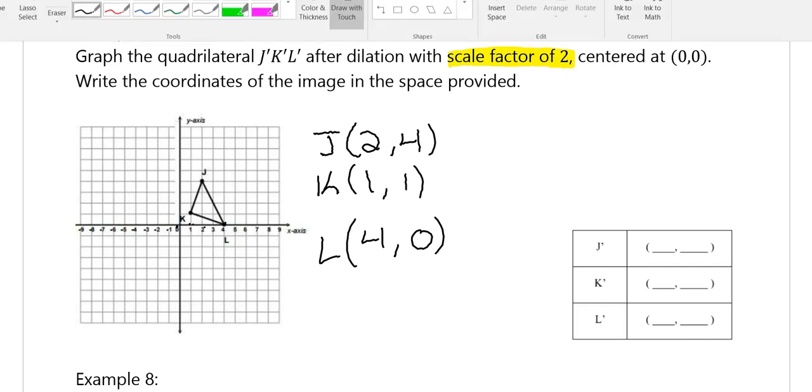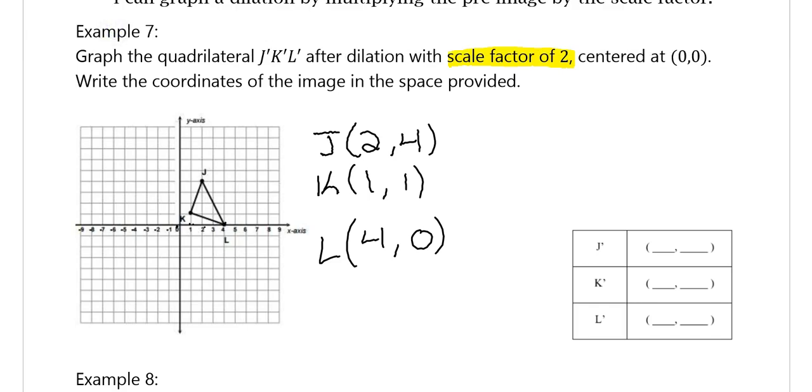Okay. Now, like I said, we have our scale factor. Our scale factor is 2. So all I'm going to do is multiply all of these points by the scale factor, by 2, and we'll get our new points. So J prime, 2 times 2 is 4, and 4 times 2 is 8.